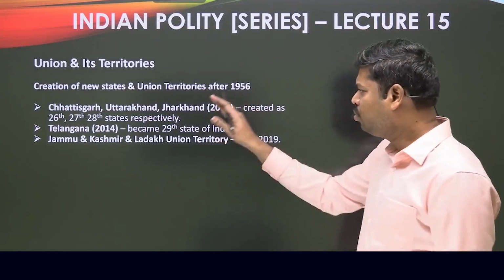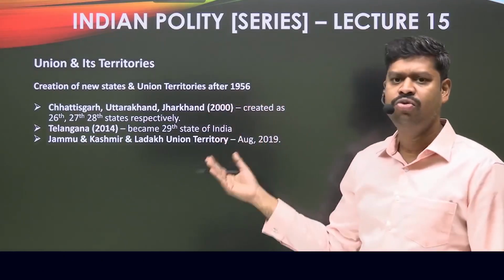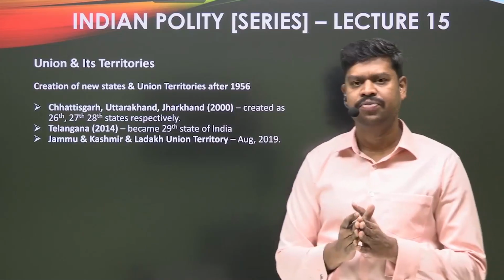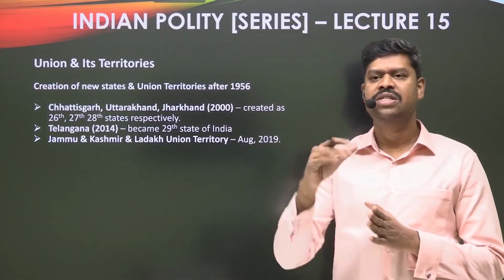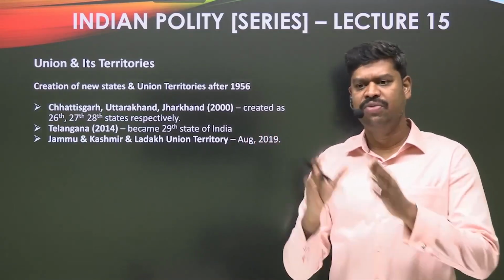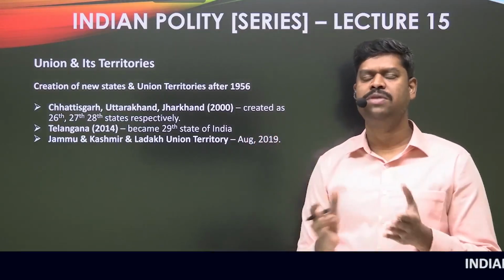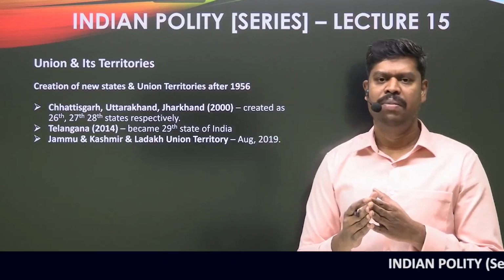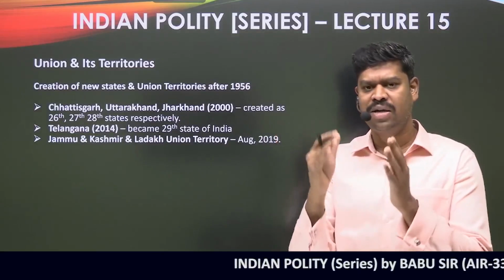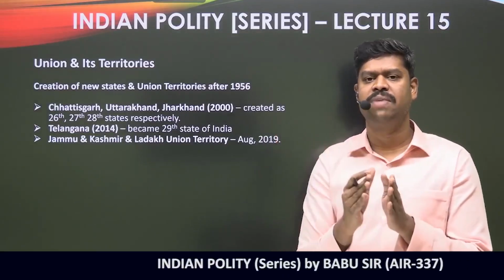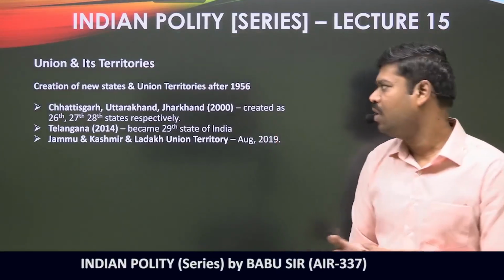But if you see 2000 and after, some of the new states and some of the reorganization has happened largely on the grounds of what is called regional backwardness. That means within a state, although the people might be speaking the same language, a certain part of a particular state has become backward. To address this regional backwardness or regional disparity, new states have been created. What are such states?